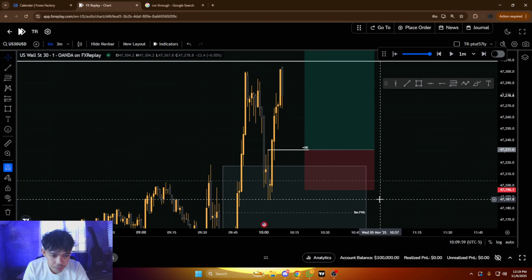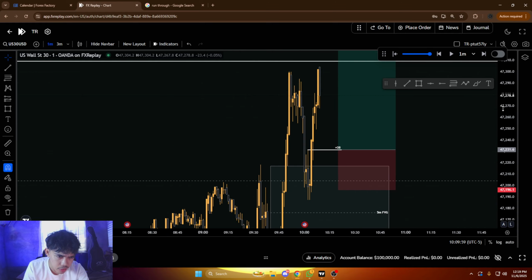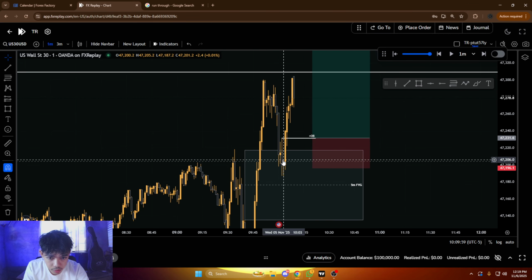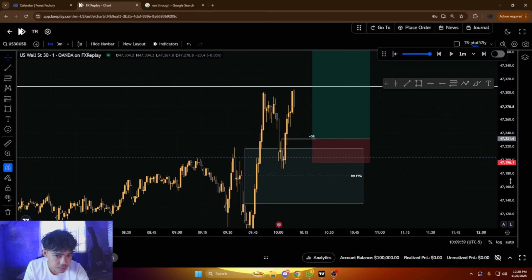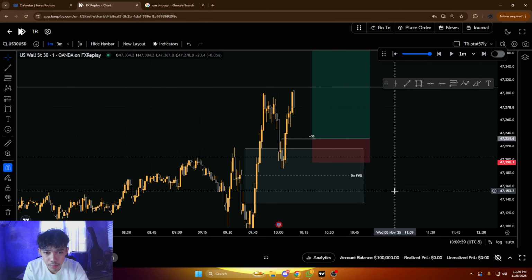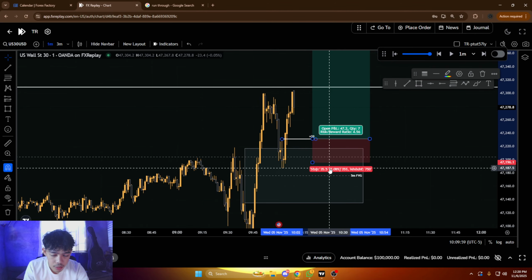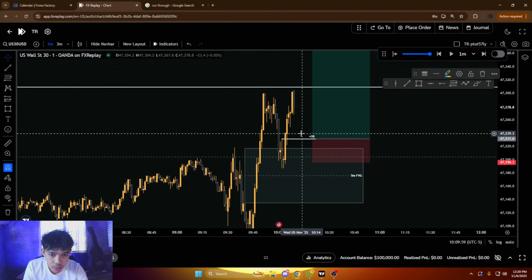Like, pinapakalma ko yung sarili ko dito so that hindi ako masyadong maging emotional dun sa setups na yun. Like, it is what it is. Sometimes, you will miss a trade. But, in this case kasi, I was missing 3 setups already. So, kind of frustrating. But, anyways, na-miss ko yung trade na yun.